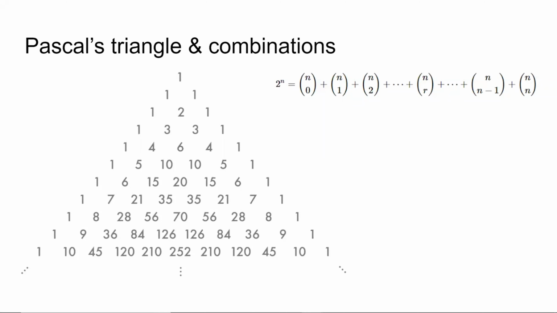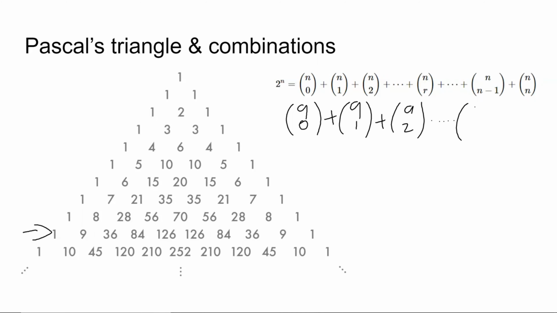Here's row 9. Basically, since we chose row 9, n equals 9. So this becomes 9 choose 0 plus 9 choose 1 plus 9 choose 2 all the way to 9 choose 9.